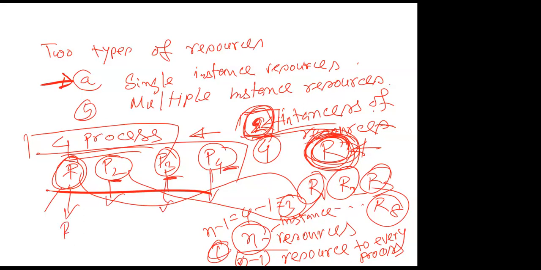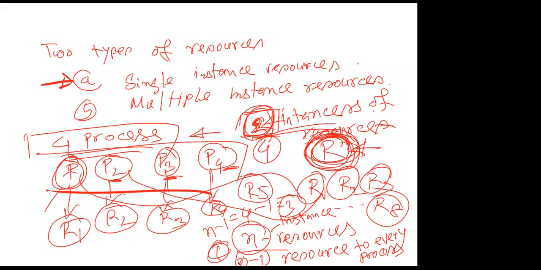These are, let's say, R1, R2, R3, and R4. You need to assign n-1 resources to every process, and then you need to add an extra resource, let's say R5. Then you can avoid a deadlock. How?